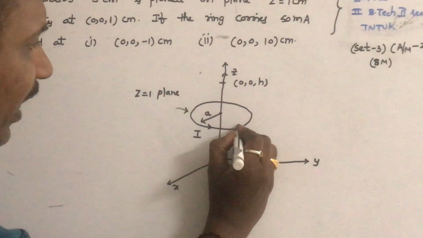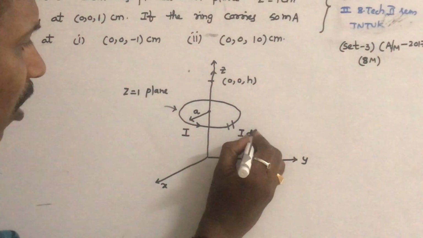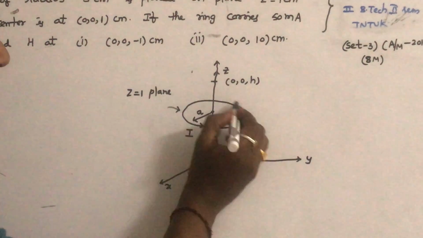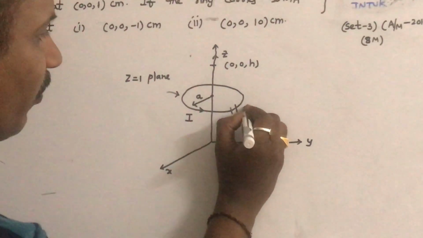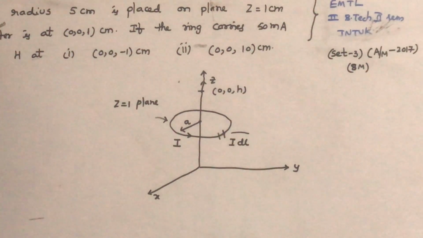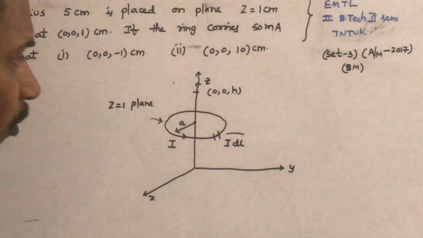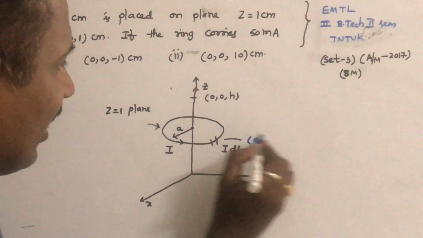For this, take a small section dl on this current carrying circular loop, and let us assume the cylindrical coordinate system. This small section is located at a point with radius a and angle phi.